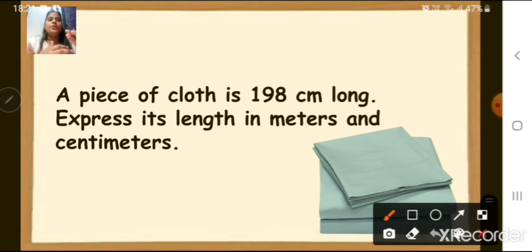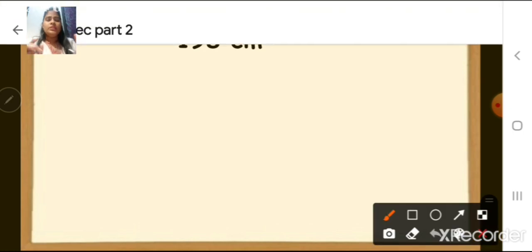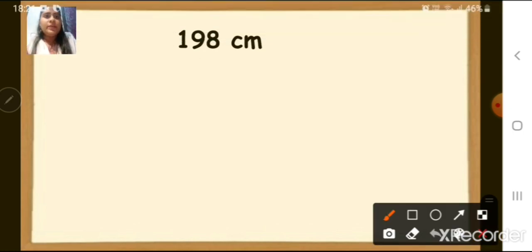So how are we going to express that? The first thing is, we are going to expand this number in the hundreds place. We have learned expanded form, correct?